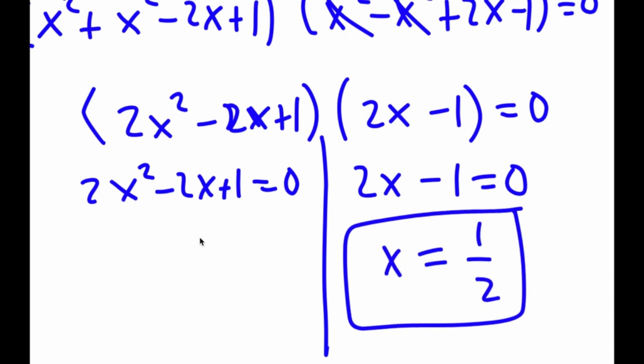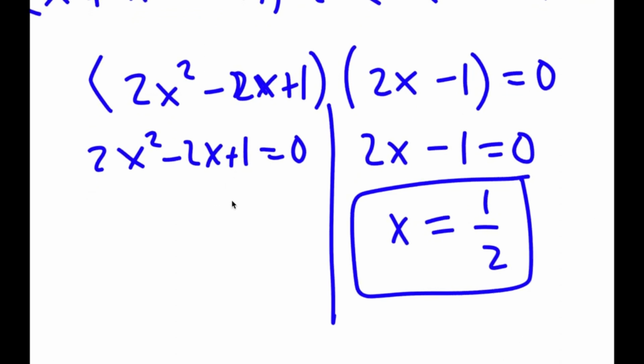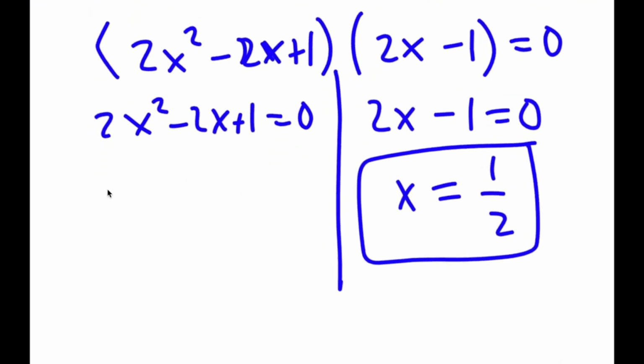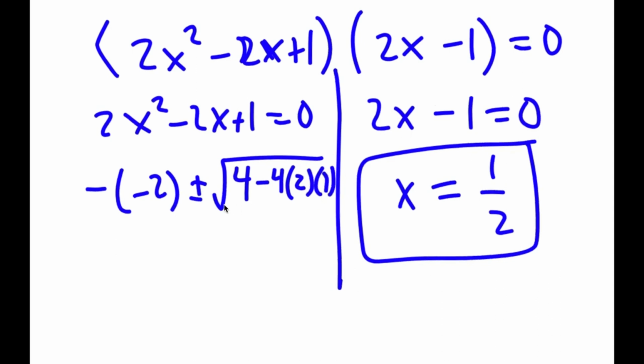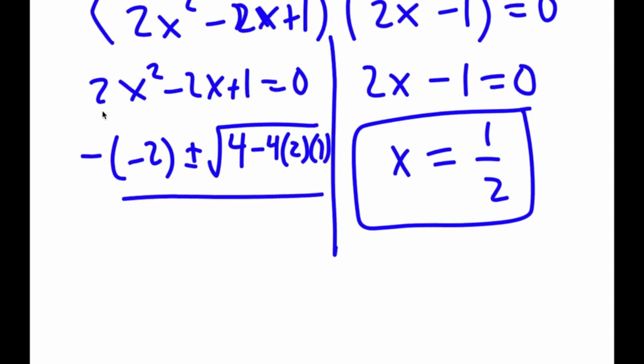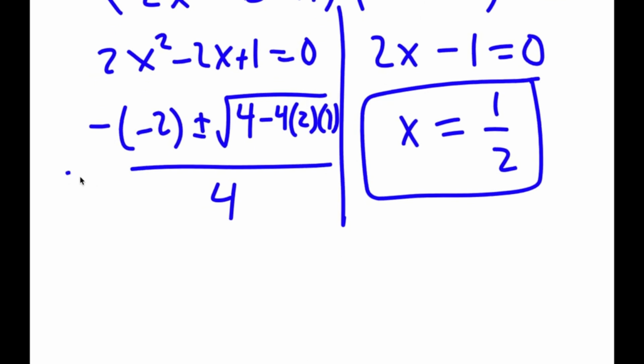That's a simple equation. And now for 2x squared minus 2x plus 1, we're going to use the quadratic formula, which is negative b, so negative of negative 2, plus or minus the square root of b squared, negative 2 squared, which is 4, minus 4 times a, which is 2, times c, which is 1, and all of this over 2a, so 2 times 2, which is 4.